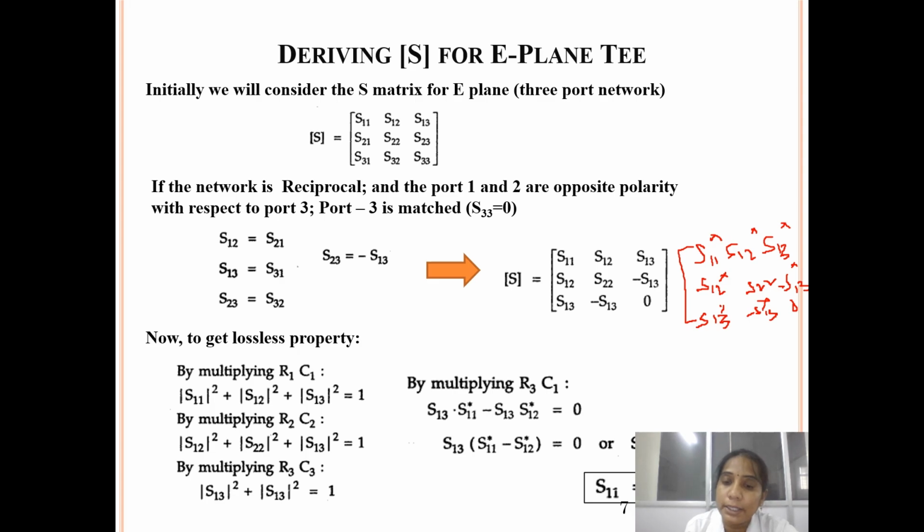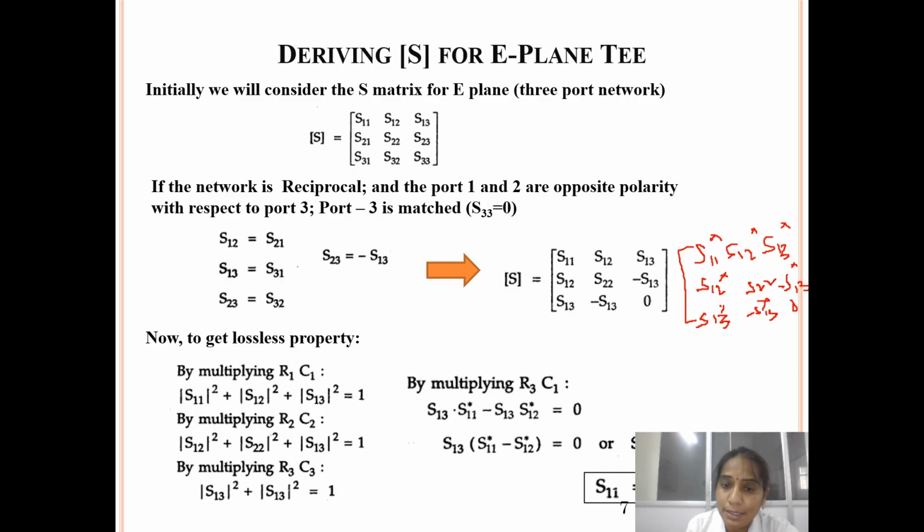And when we are trying to apply the zero property, we need to take any row that will be multiplied by any other column. The value of i and j should not be equal. So I am taking the third row and multiplying with the column 1. Once I am doing so you will get S13 and S11 conjugate. So third row element is S13 and first column element S11 conjugate.